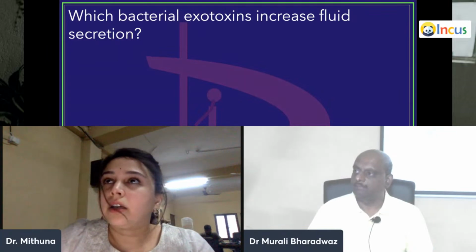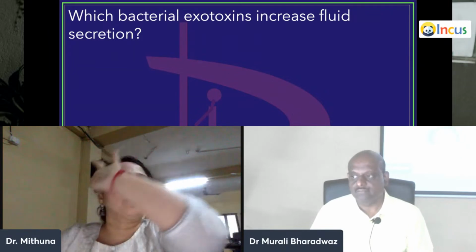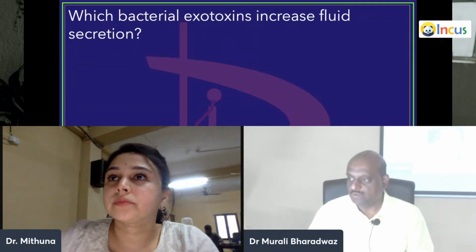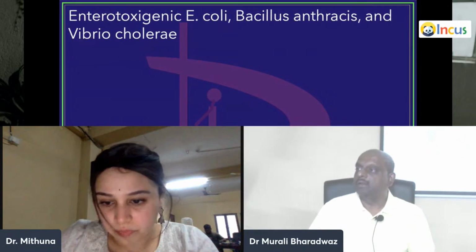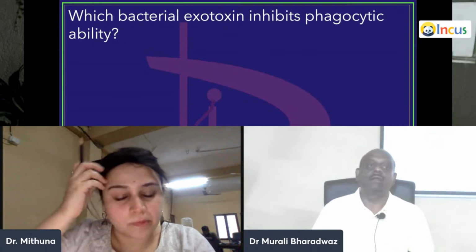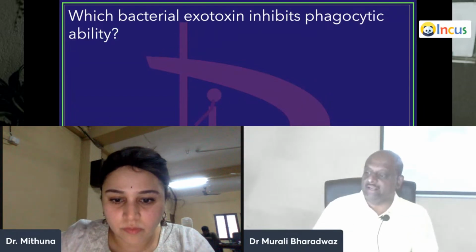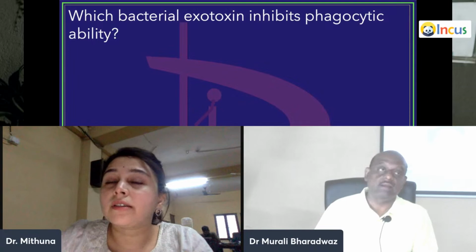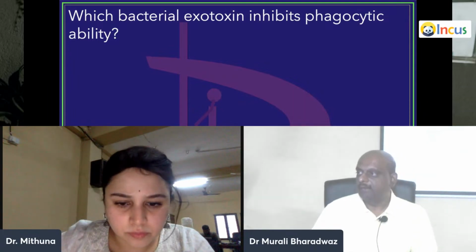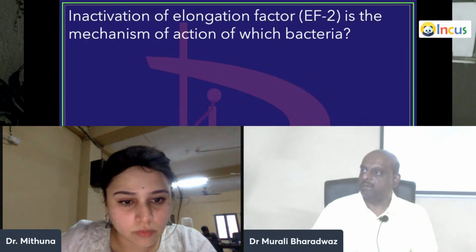It's enterotoxigenic E. coli, anthrax, and cholera. Good. Which bacterial exotoxin inhibits phagocytic ability? It's Bordetella, sir. Very good.